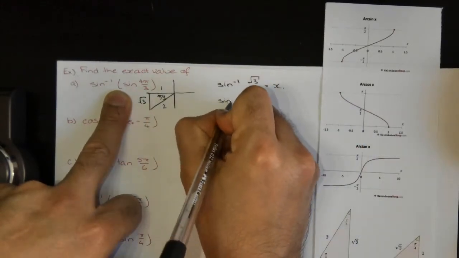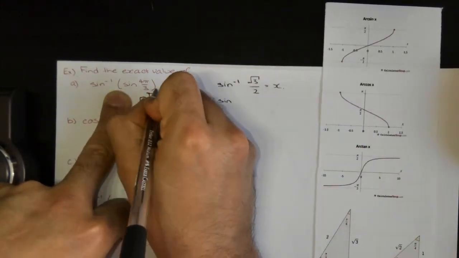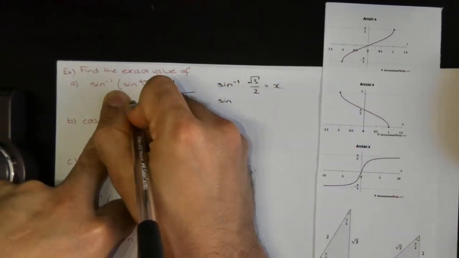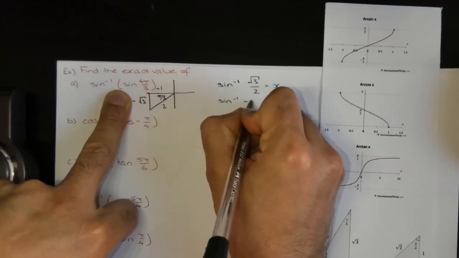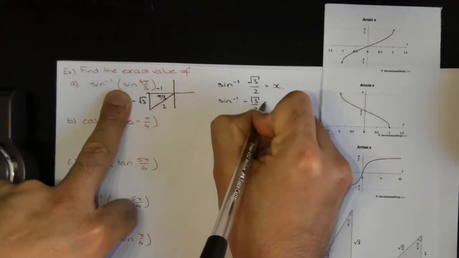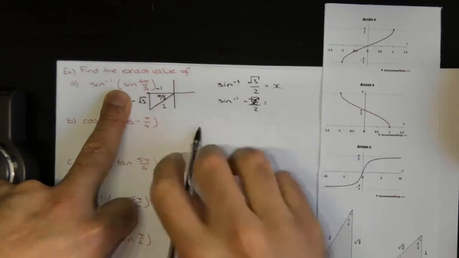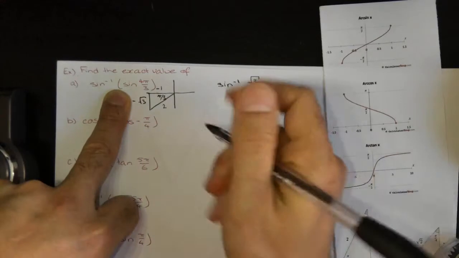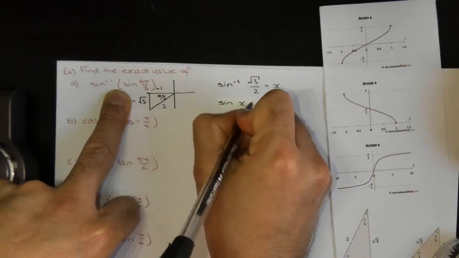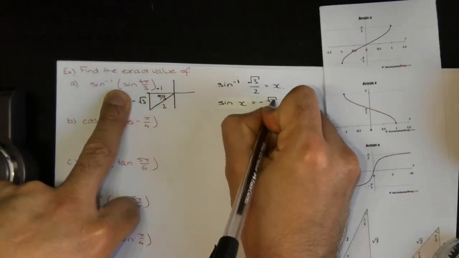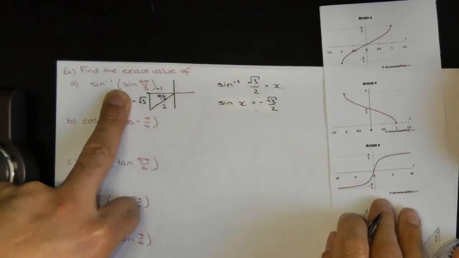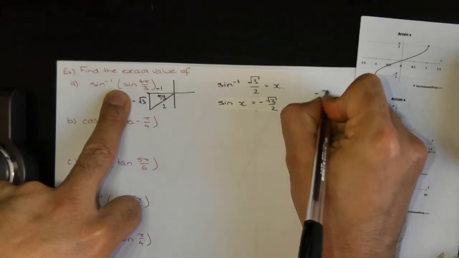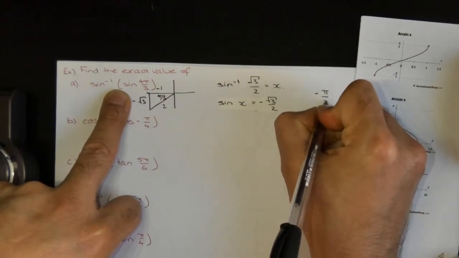So sine of x equals negative square root 3 on 2. So that's going to be negative pi on 3.